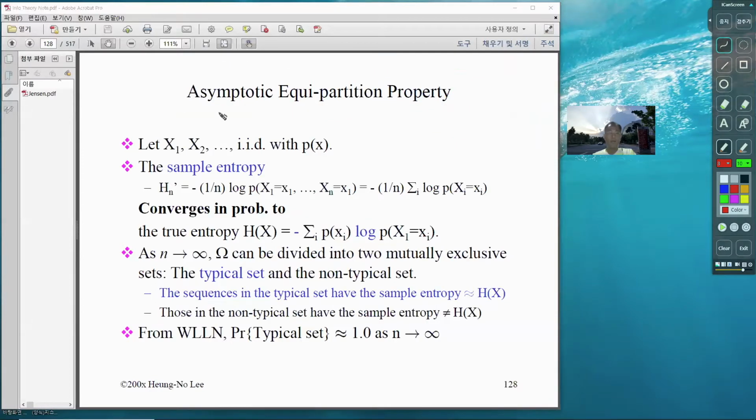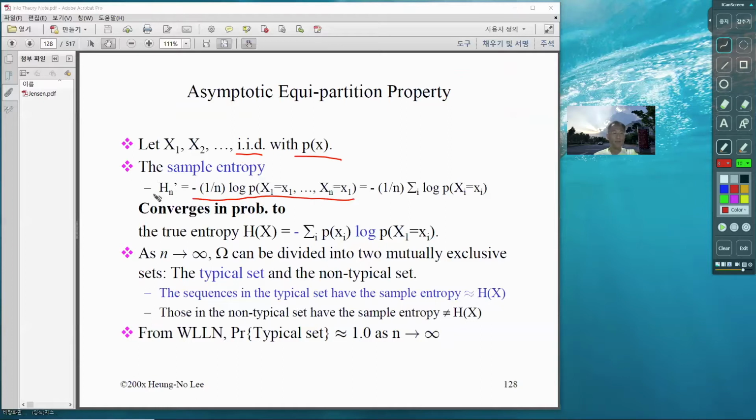So what is AEP? We let x1, x2, and so on be IID with the distribution px. Then we define the sample entropy Hn prime to be this.